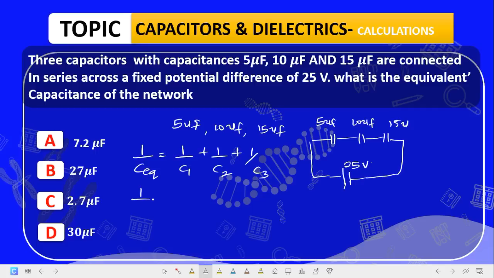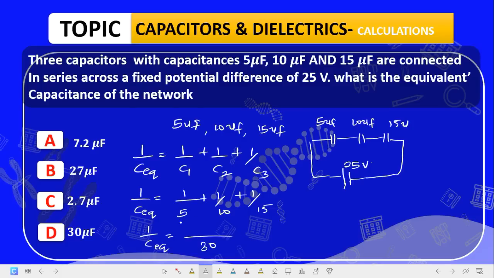So this becomes 1 over C equivalent is 1 all over 5 plus 1 all over 10 plus 1 all over what? 15. Now this becomes 1 over C equivalent is equal to the LCM of 5, 10 and 15, which is 30.